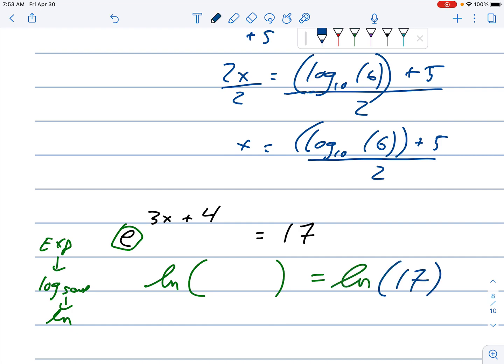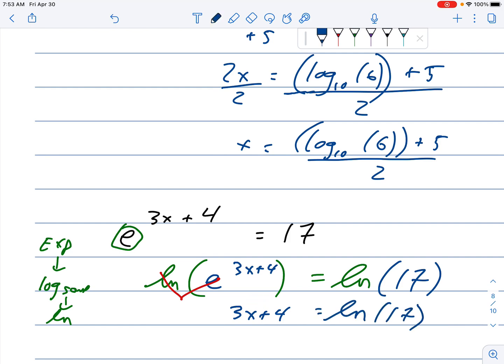Okay, here's my 17. Here's my e to the 3x plus 4. ln both sides, and if I have an ln and an e to a power on the inside, what comes out is just the 3x plus 4, because logs are exponents.